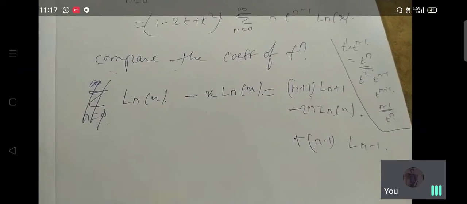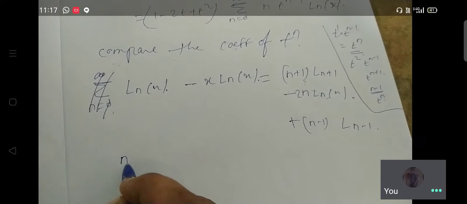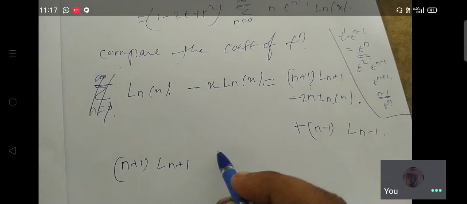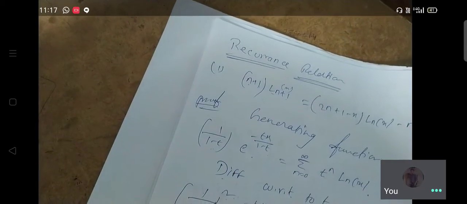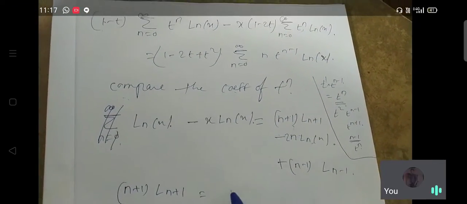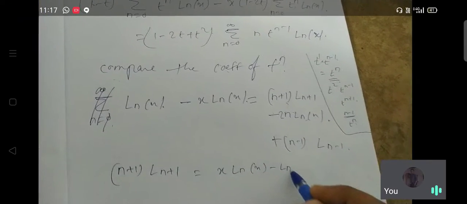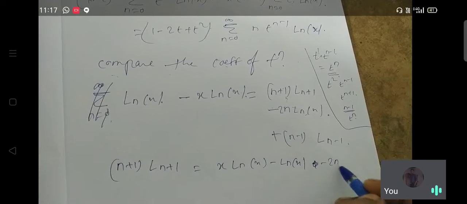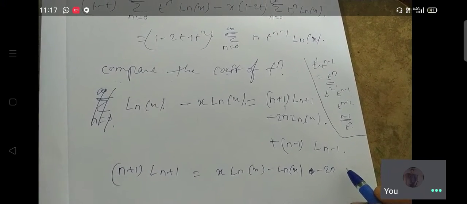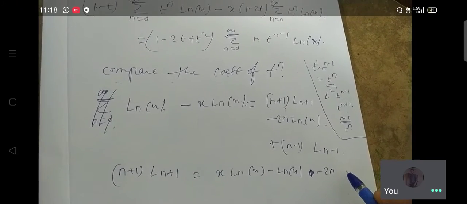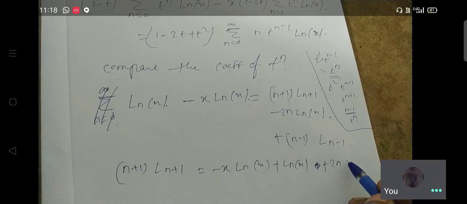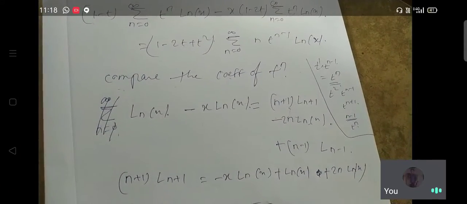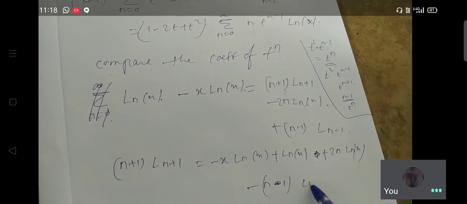Okay, now if you rearrange this, you will get n into n plus 1 into L_(n+1), which is equal to x into L_n(x) minus L_n(x) plus minus 2n into L_n(x) minus n minus 1 L_(n-1)(x).